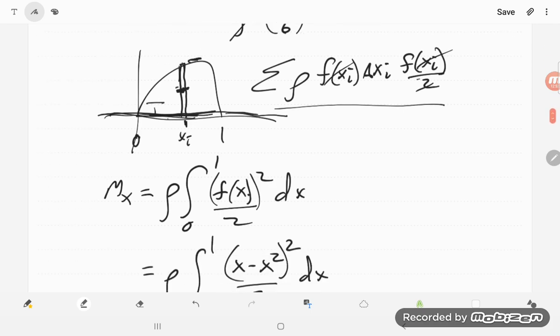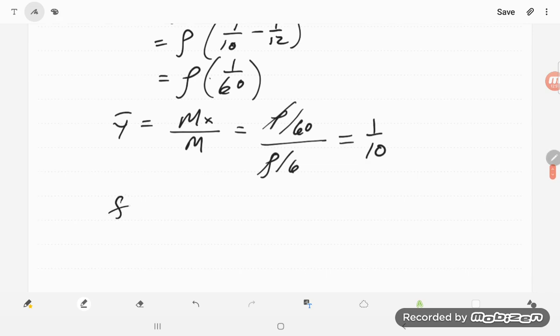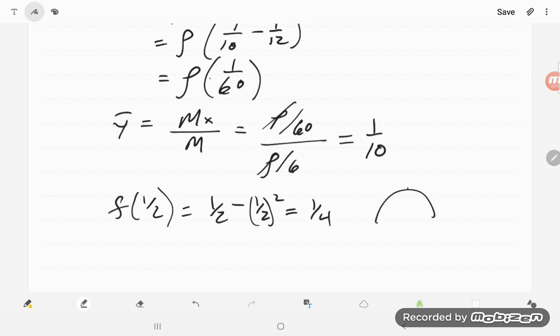But what is the height? That's at a half. So f of 1/2 is 1/2 minus 1/2 squared, or a half minus a fourth, which is a fourth. And so that's the tallest this is. There is a height of a fourth, and we should be below half of that.